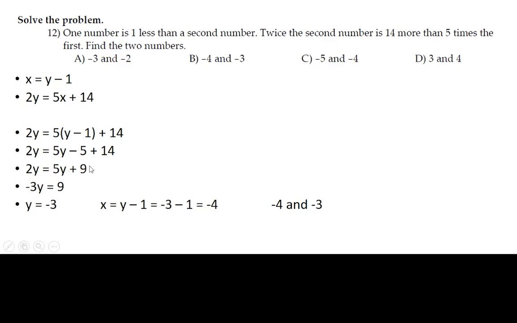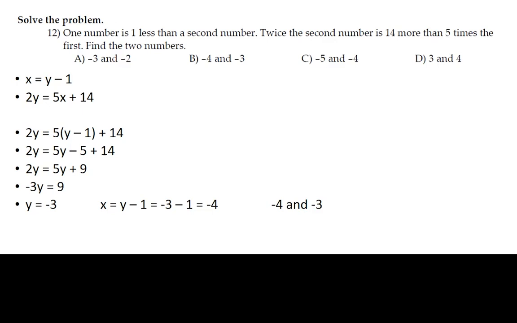Negative 5 plus 14 is positive 9, so we have 2y equals 5y plus 9. Subtract the 5y over to the other side so that we have y's on the left and numbers on the right. 2y minus 5y is negative 3y, so we have negative 3y equals 9. Divide both sides by negative 3, and we get y equals negative 3.